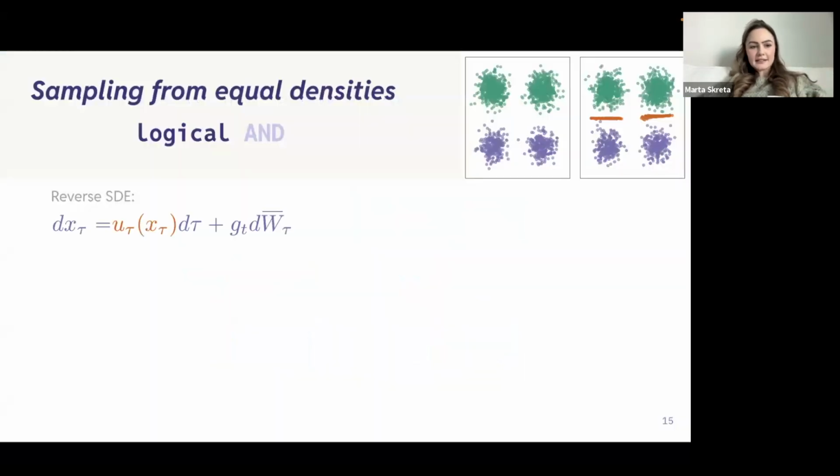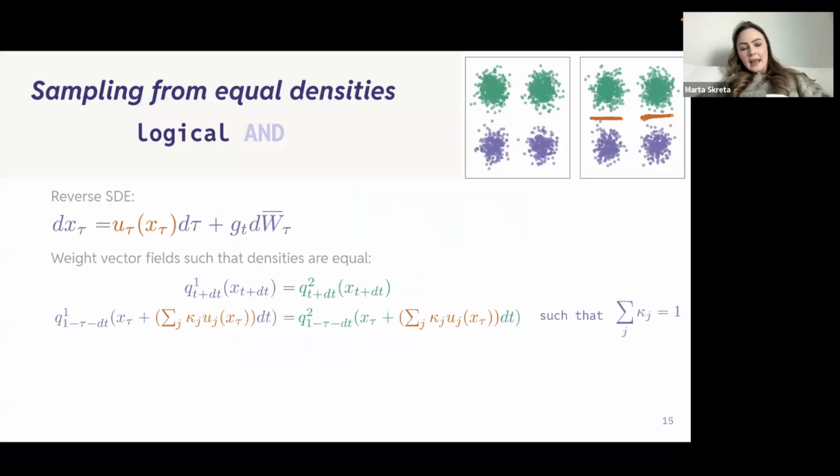Well, given our reverse SDE again, we want to weight the vector fields such that the density of each model is equal. And the way that we do that is, given two densities from both models, we want to be able to weight the vector fields in a way where the densities are equal. And again, I'll go over exactly how we get this density in not too much longer.